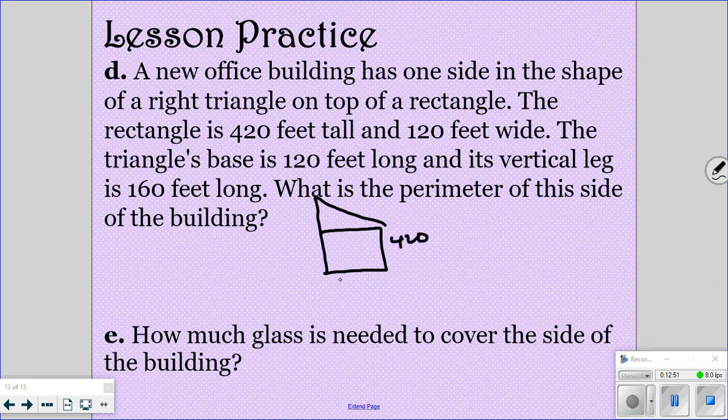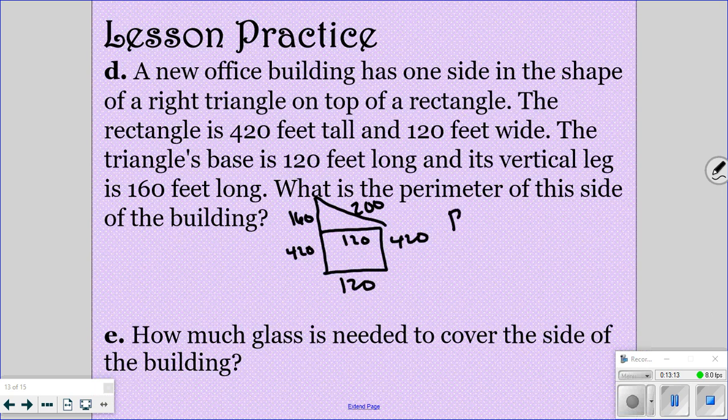And 120 feet wide. And the triangle's base is the 120, and its vertical leg is 160. So we have to find the hypotenuse first using Pythagorean theorem. And so if you use Pythagorean theorem, you should get 200 for the hypotenuse.